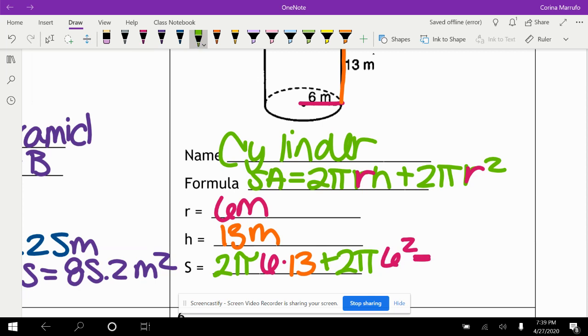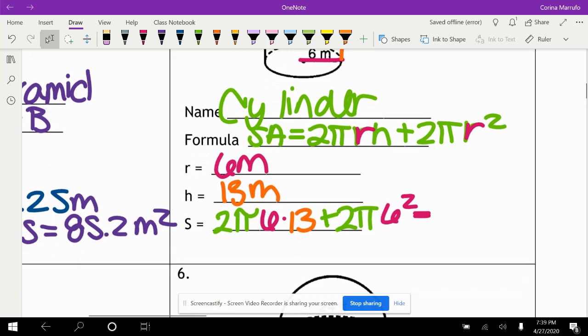Okay, so I'm going to go ahead and leave this in terms of pi. It leaves everything a lot neater. So I'm going to simplify this. If I have here 2 pi 6 times 13, what I'm going to do is 2 times 6 times 13, and that gives me a total of 156 plus 2 times pi times 6 squared. 6 squared is 36 times 2 is going to give me 72.